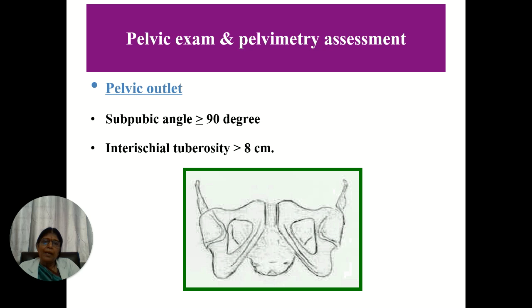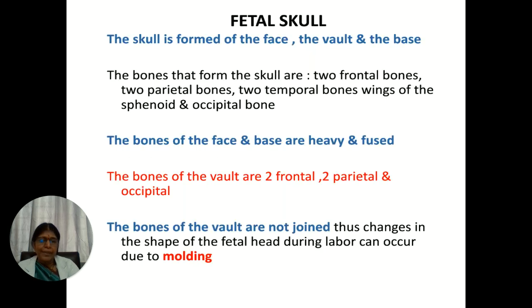As you are coming out, make your hand into a fist, and put the knuckles of your 4 fingers between the woman's ischial tuberosities. That forms the transverse diameter of the outlet, which definitely should be more than 8 centimeters.